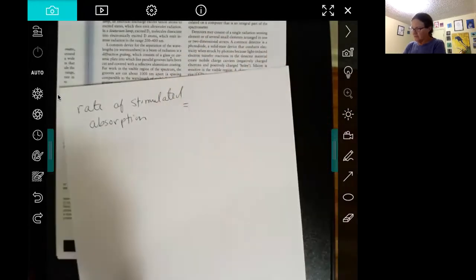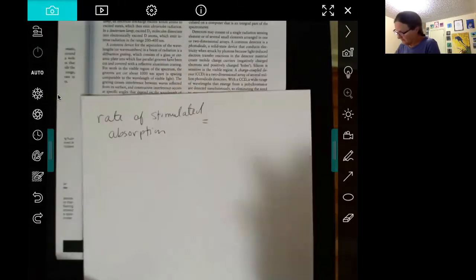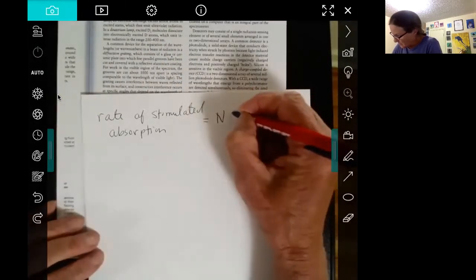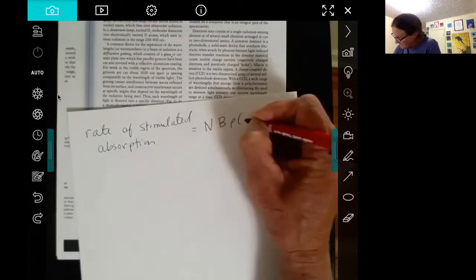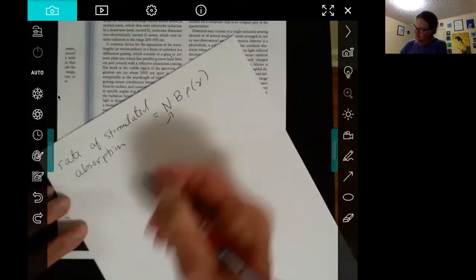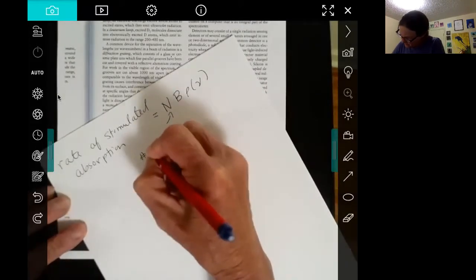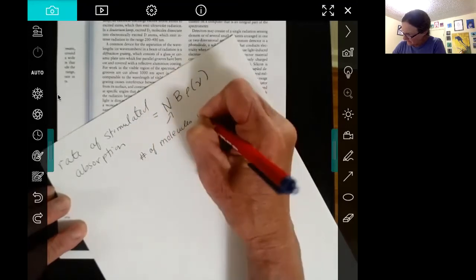That's going to be proportional to the number of molecules you have in the ground state, or atoms, times B.